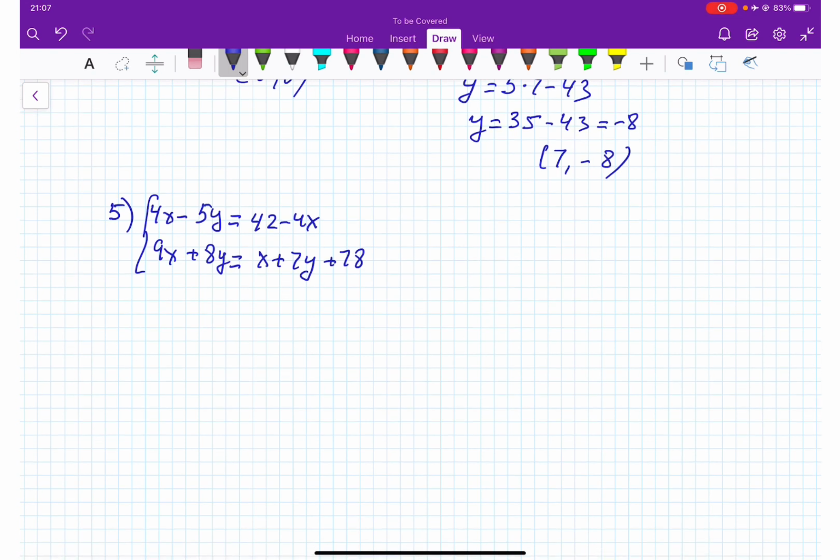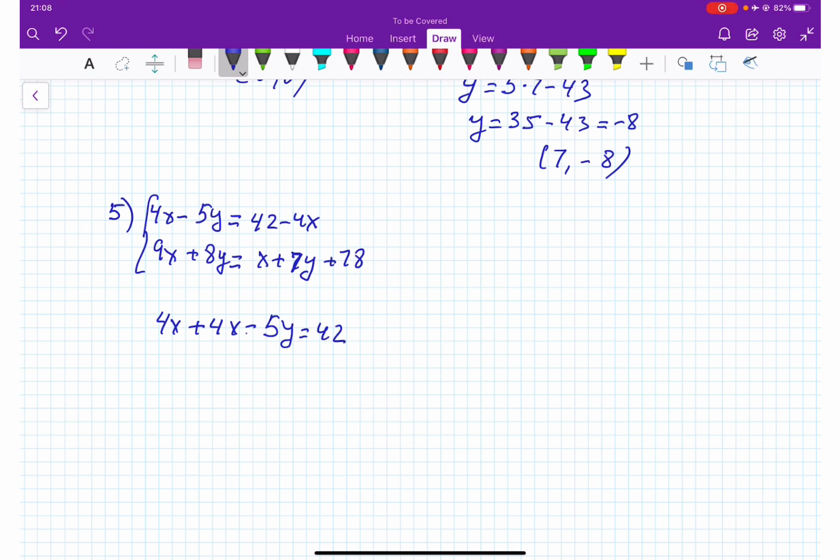So before we solve anything, we need to clean this up, right? We have so many like terms we need to combine and simplify. So first one, 4x, I'm moving the other 4x here, negative 4x will be positive 4x, minus 5y is equal to 42.